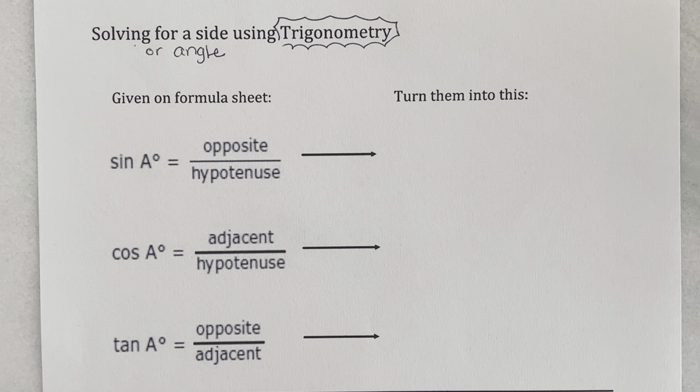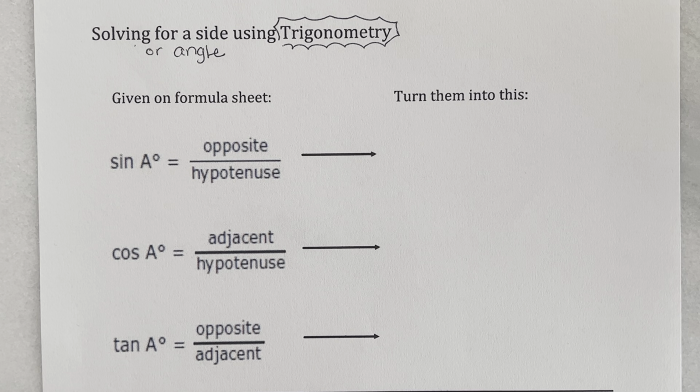Okay, so let's look at our first problem. It says we're solving for x, and I can see x is the length of SR. So SR is a side. When we're solving for a side, we're just going to fill in our formula triangle, and it should be pretty easy to solve. We have to identify which sides they are.